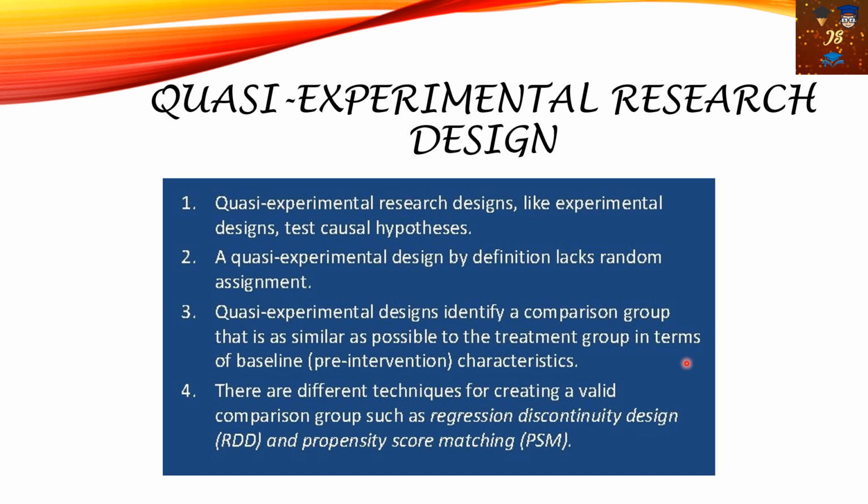So after the treatment or after the experiment is over, there will be a comparison. There are different techniques for creating a valid comparison group, such as regression discontinuity design and propensity score matching. So these are the techniques by which the quasi-experimental comparison groups are made.